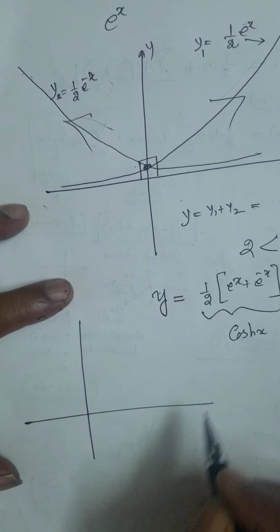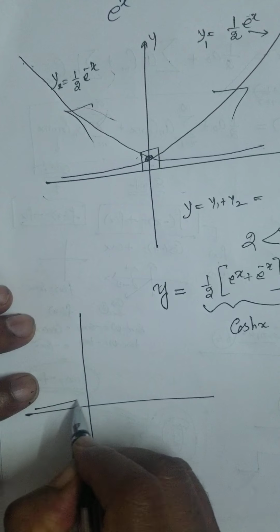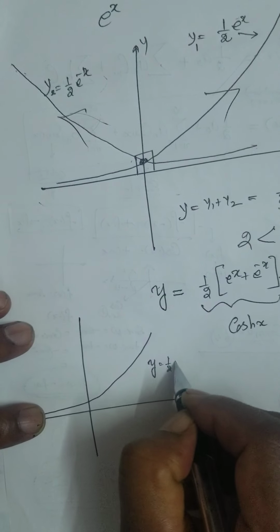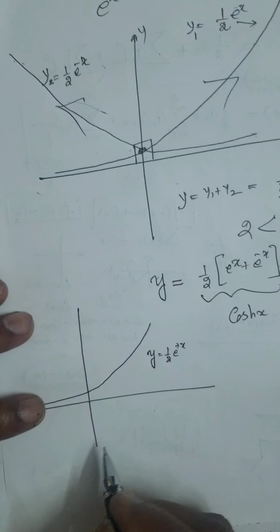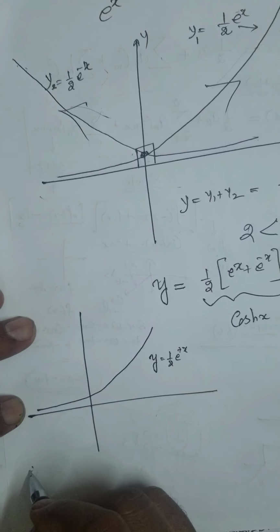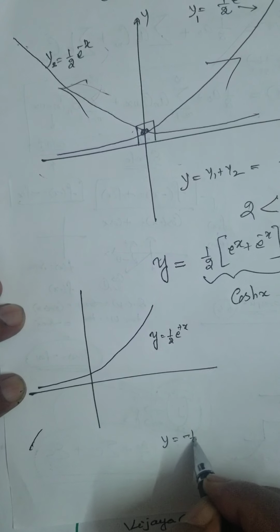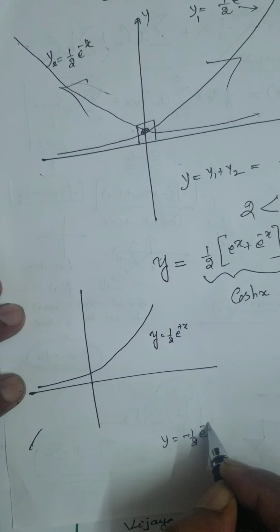Look, this is y is equal to half e to the power of plus x. This is coming like this, and here it is reversed. This is y is equal to minus half e to the power of minus x.